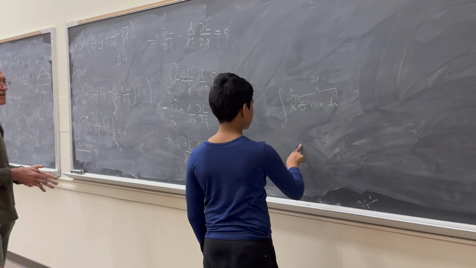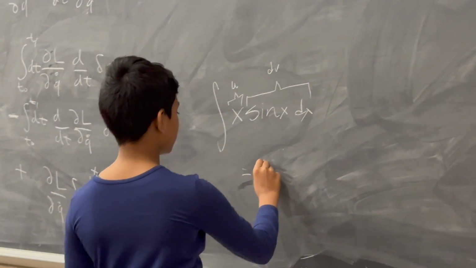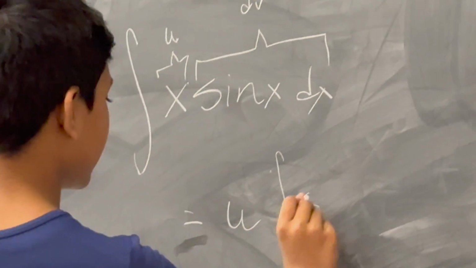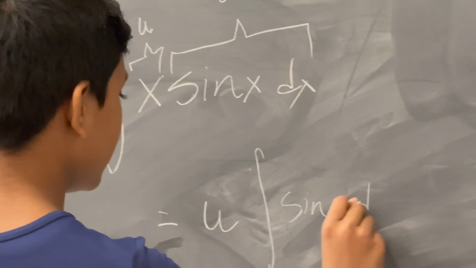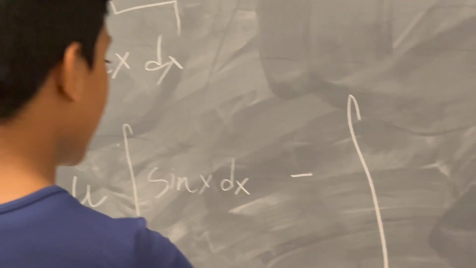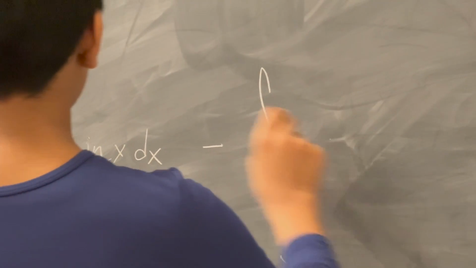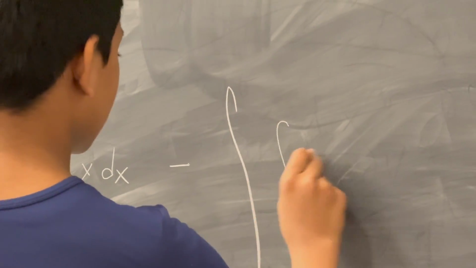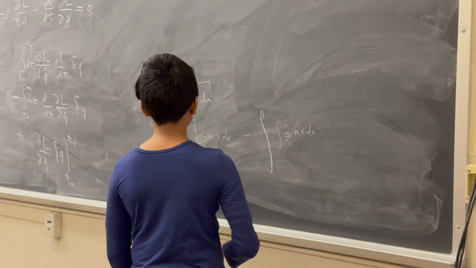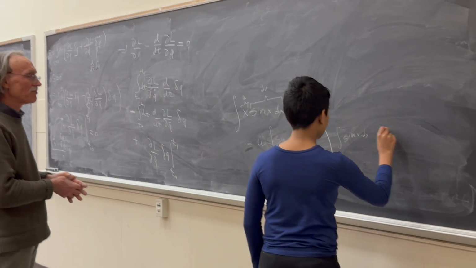It's said to be equal to u times v, which is essentially the indefinite integral of dv, minus the integral of v du, which would just be 1.